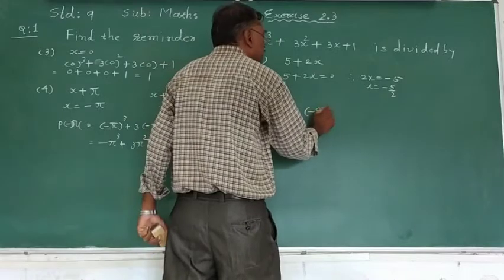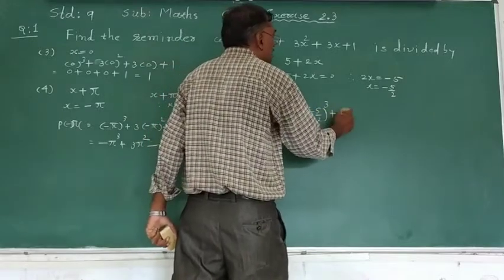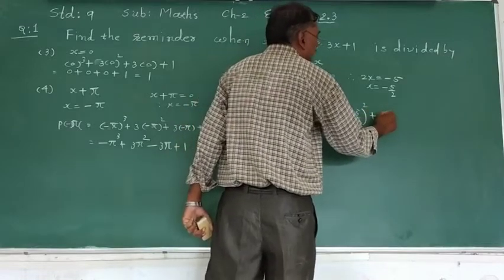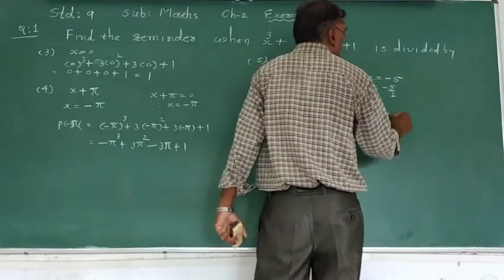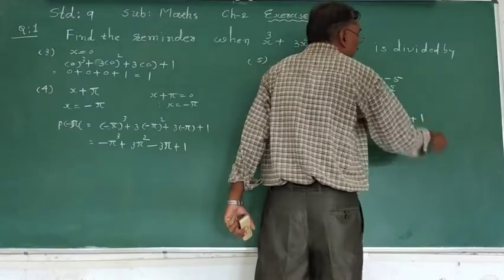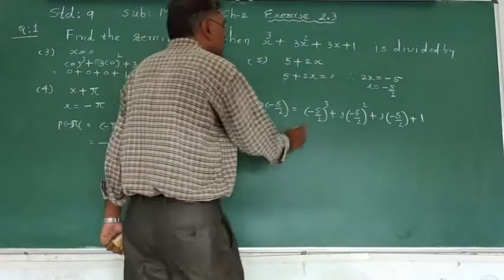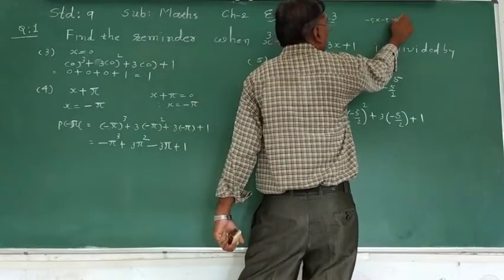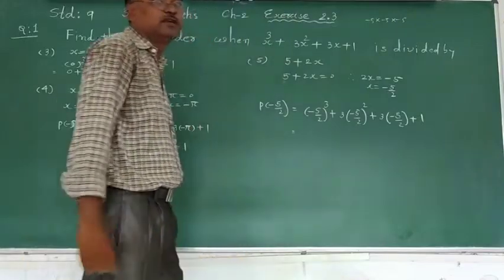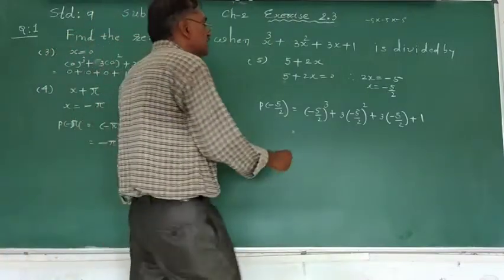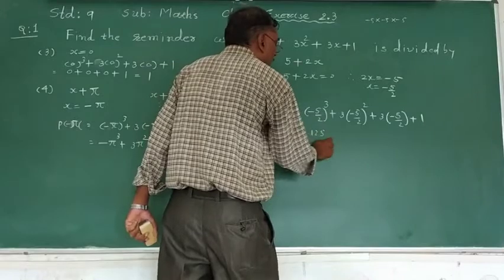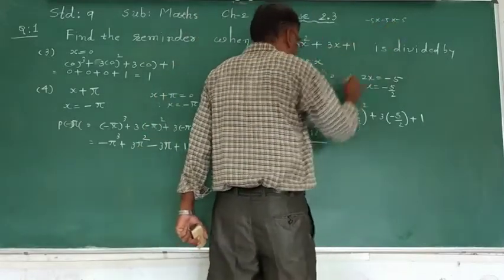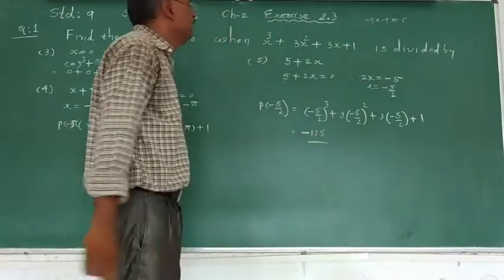So minus 5 upon 2 cube plus 3 into minus 5 upon 2 square plus 3 into minus 5 upon 2 plus 1. Okay, minus 5 cube: minus 5 multiplied by minus 5 multiplied by minus 5, 3 times. 5 5s are 25, 25 5s are 125. But minus 3 times, so minus minus plus plus, this minus will be in the answer. So minus 125.